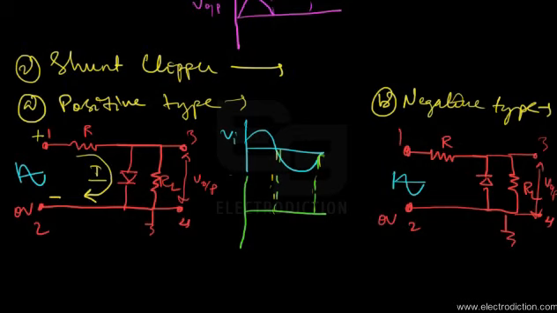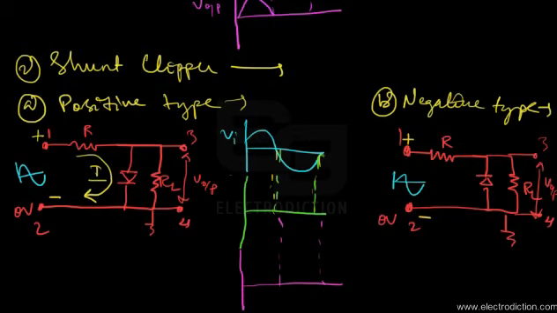While in case of the negative type of shunt clipper, in the positive half cycle the diode here is reverse biased, since a positive voltage occurs across terminal 1 compared to that of terminal 2. So the diode behaves as an open circuit element.